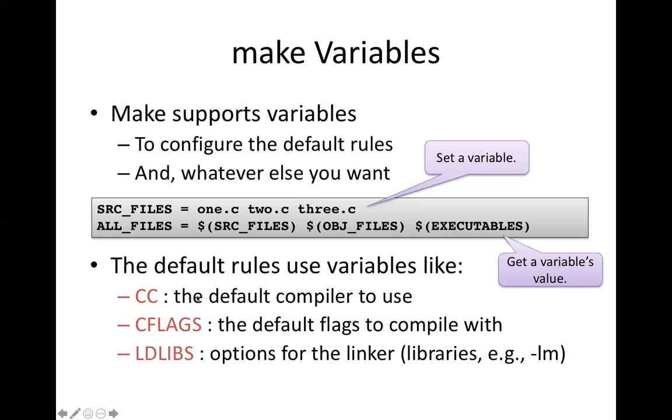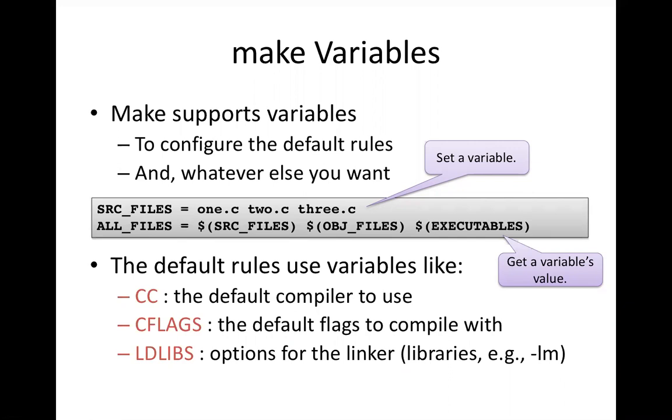You could have variables that are assigned to the value of other variables, like I'm trying to show on this next line. So here, whatever's in the source files variable, along with whatever's in this object files variable, along with whatever's in this executable variable. All of those will get expanded by make and assigned to this variable here.